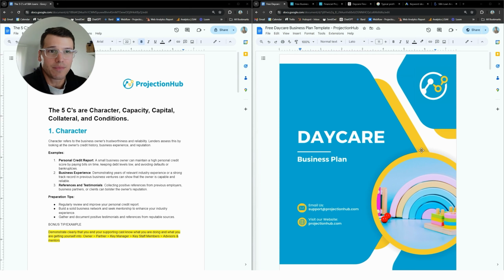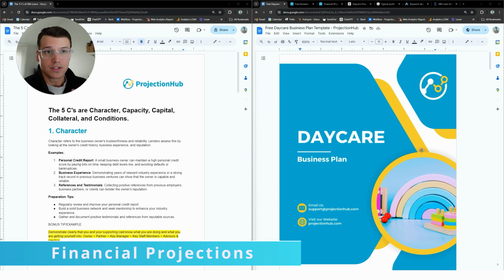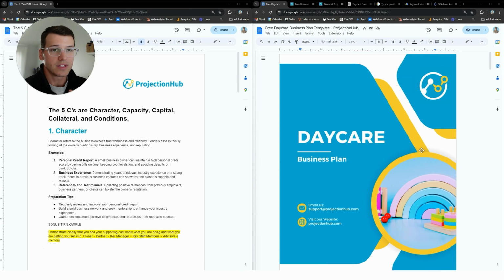As I should have mentioned, I talked in the introduction about my former experience as an SBA loan officer, but I didn't really talk about what Projection Hub does. Our specialty is creating financial projections for startups and small businesses that are trying to apply for SBA loans or raise investment, or do anything that would require some sort of business planning or projections.